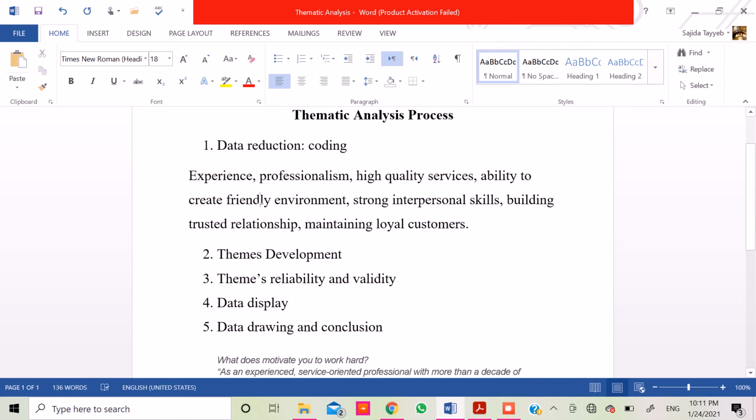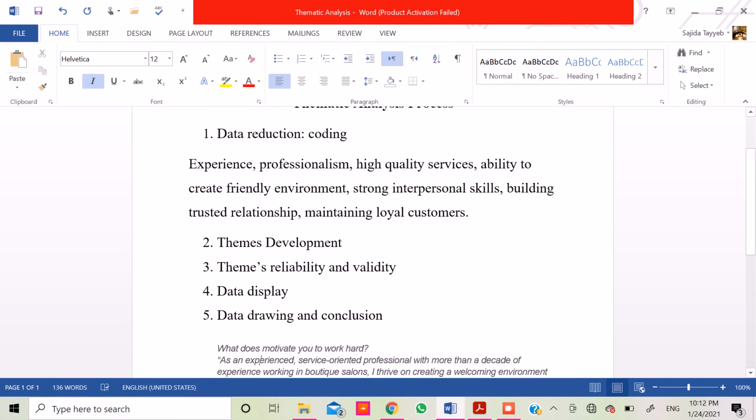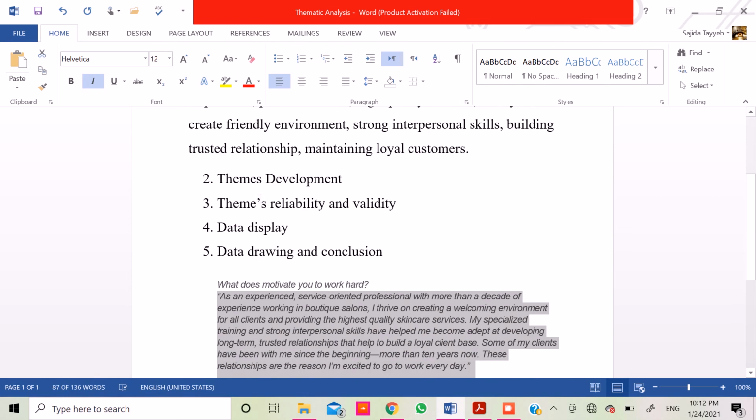So if I give you a practical example of your own, students who are doing their final project. Suppose you're referring to the challenges of a particular set of people, suppose the challenges of women entrepreneurs. When you're reading this whole interview, you have to keep in mind what you're seeking to get out of it. So, referring to your research questions and objectives, you should understand that the whole point of this data collection was to find out their challenges.